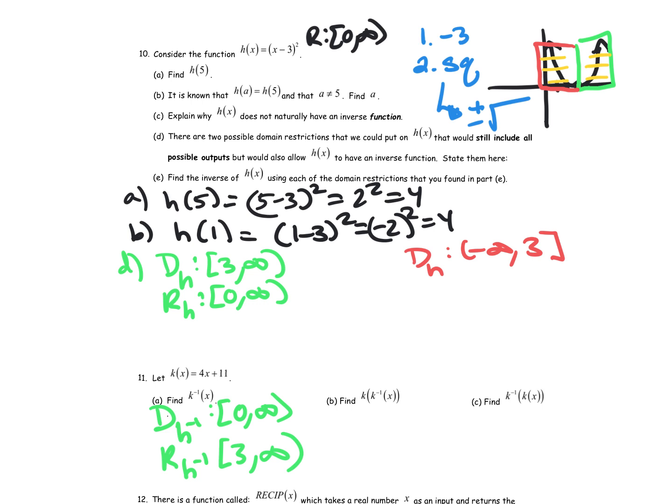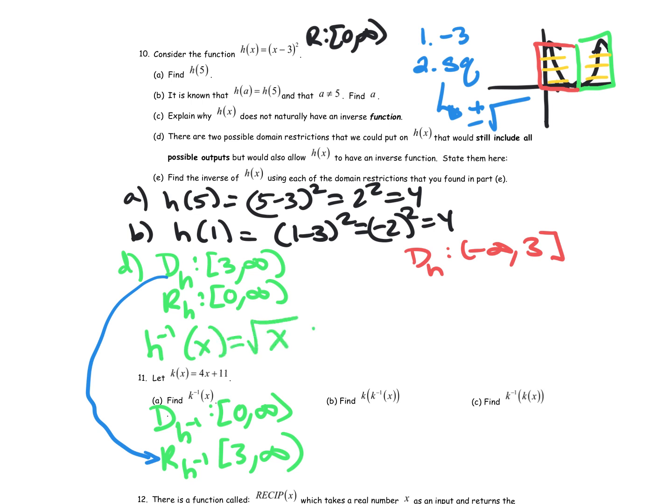Going to my problem here, I restricted it from 3 to infinity, which means I want the range of my inverse to be 3 to infinity. That leads me to believe that I want the positive square root of x, and I'll show you why.